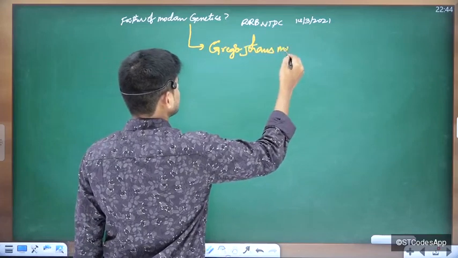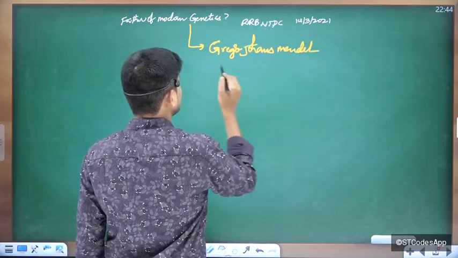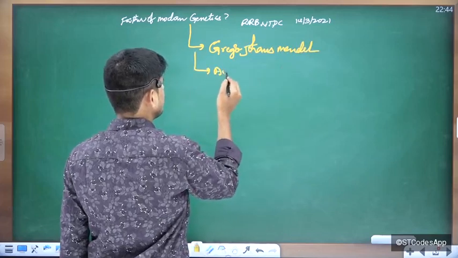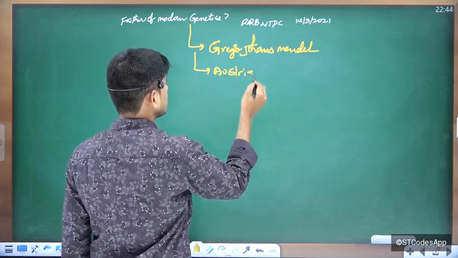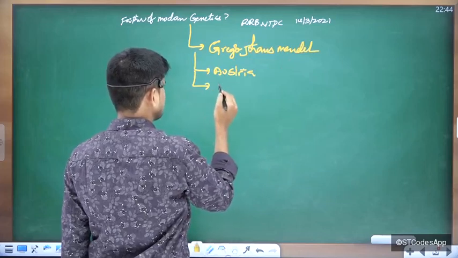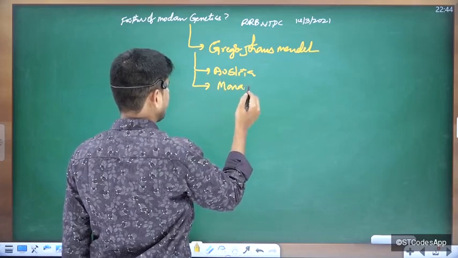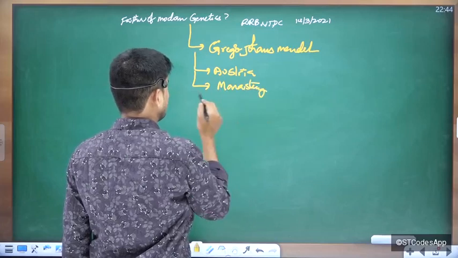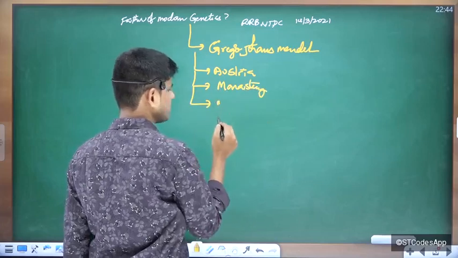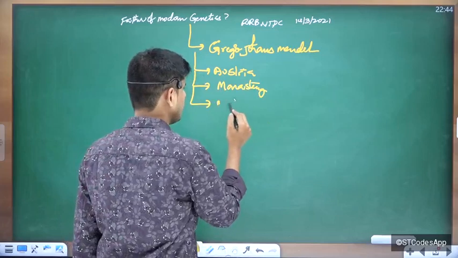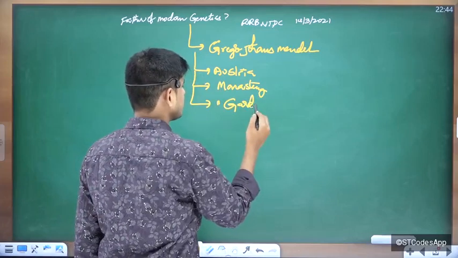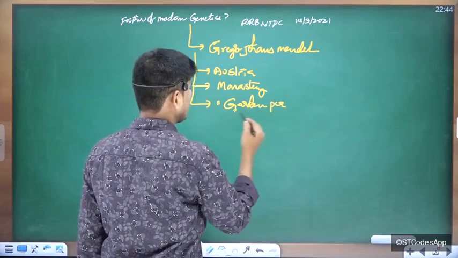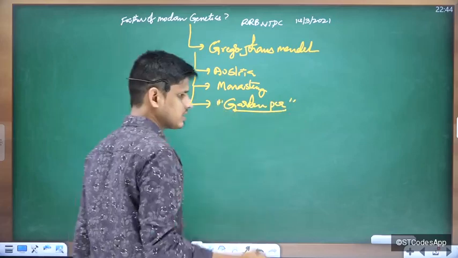He belongs to Austria and usually lived in a monastery, and almost all his research work was done in the monastery garden on garden pea plants.